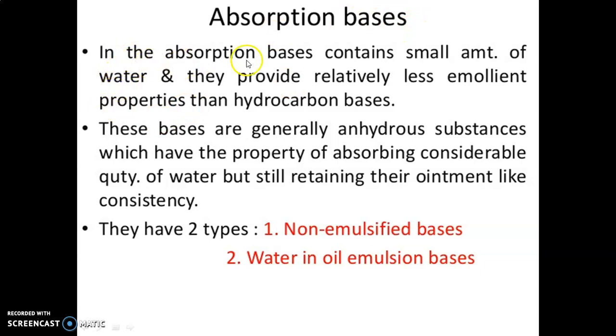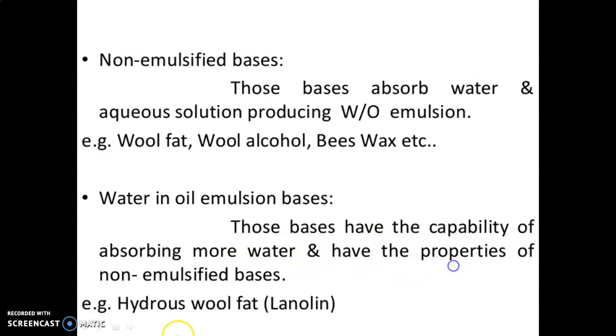Absorption bases contain a small amount of water and provide relatively less emollient properties than the hydrocarbon bases. These bases are generally anhydrous substances which have the property of absorbing a considerable quantity of water but still retaining their ointment-like consistency. They have 2 types, non-emulsified bases and water in oil emulsion bases.